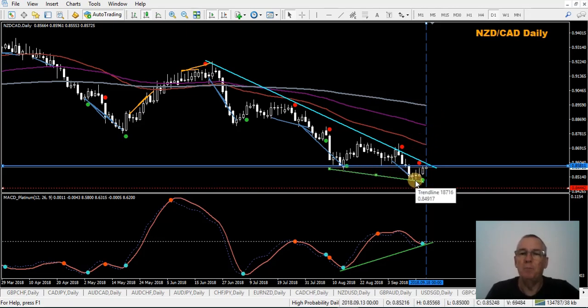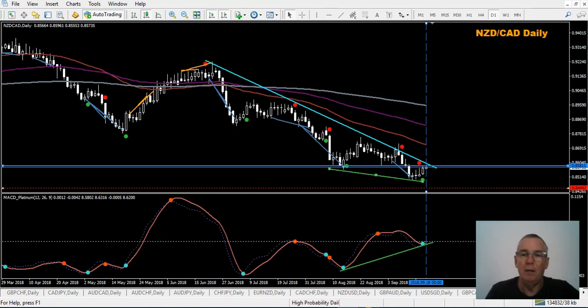There is regular bullish divergence: we've got lower lows on price and a higher low on the MACD platinum. You see that? It's pretty obvious. There's my stop level, so I gave myself a bit of wiggle room. There's a 0.5% risk on this trade, so keeping it low risk.